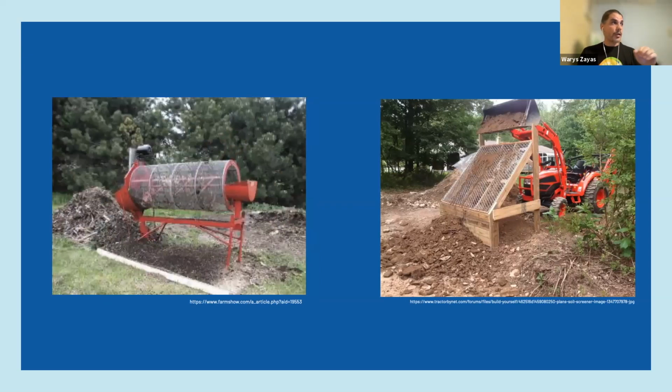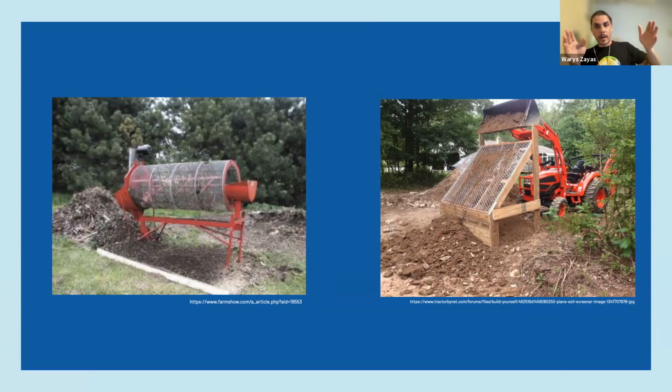Also, those concepts you can find in a more industrial or bigger way, right? So you can buy those kinds of tumbler sifters. You can find in the market a huge range of those products, right?